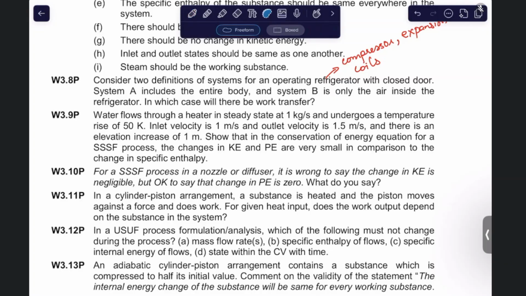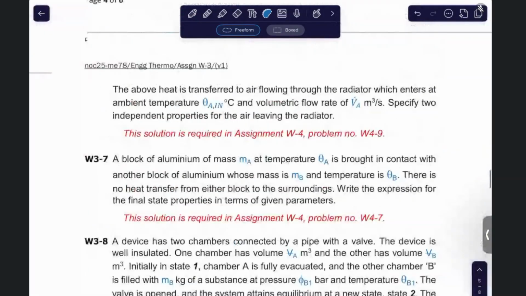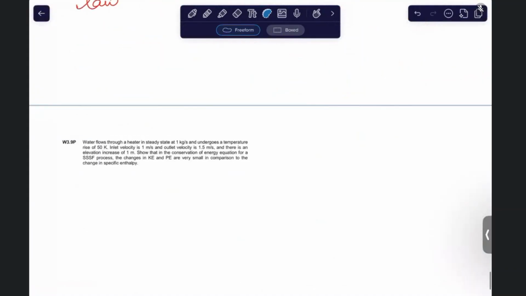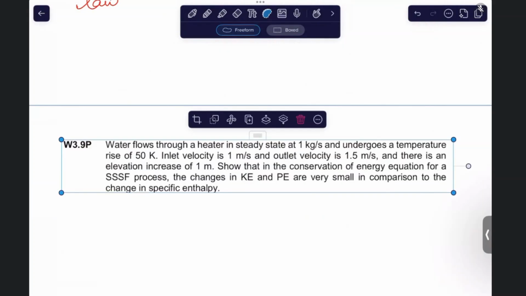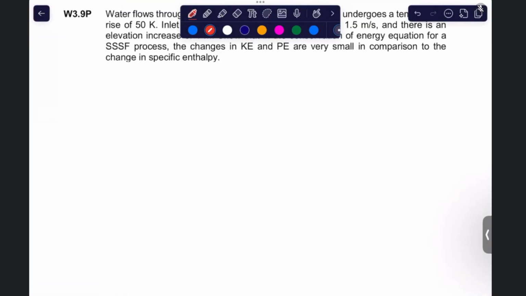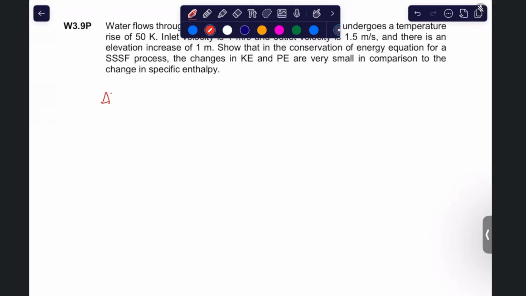I'll take it to the next page. So the question is, for water with a temperature rise of 50 Kelvin, delta T equal to 50 Kelvin, we have to find the enthalpy change.